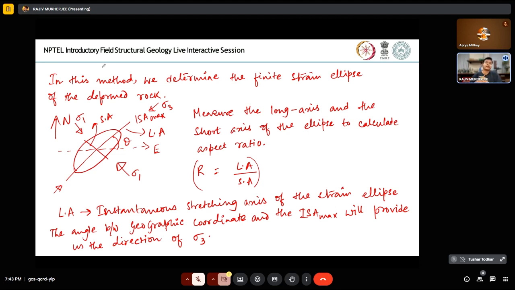So Fry method is very much helpful in understanding how the rock has, I mean, flown. So it is essentially restricted to ductile deformation, because in ductile deformation only you can get the flow path of the rocks, right? The velocity path and the flow path of the rocks. It assumes that the strain markers are ideally rigid objects. They stay put, embedded in the matrix, and the matrix is basically flowing.